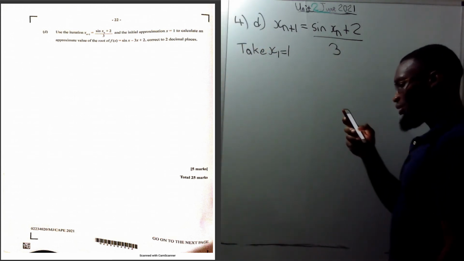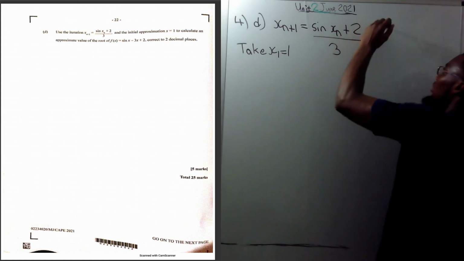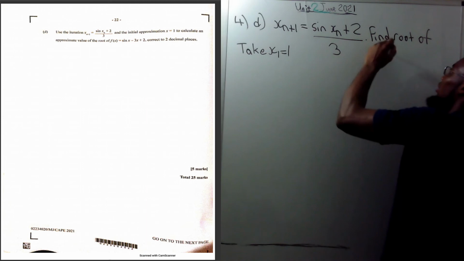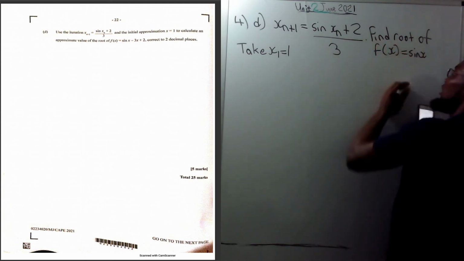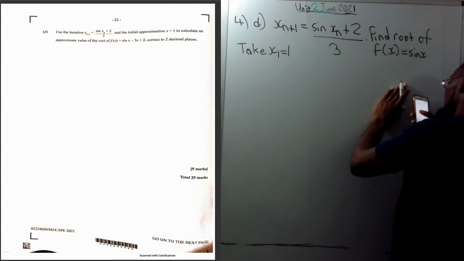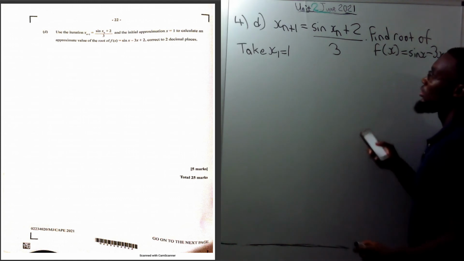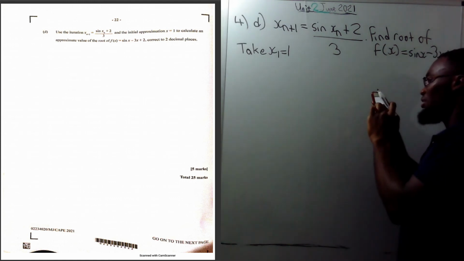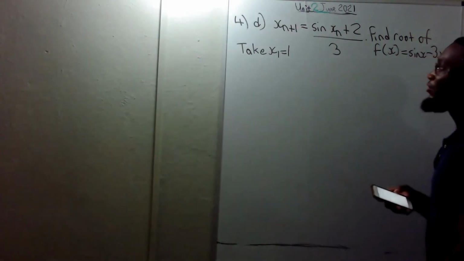And we need to find the root of f of x equal to sine x minus 3x plus 2. That's what we need to do. Find the root of sine x minus 3x plus 2. Basically, if you cross multiply and bring it over, you get the function.